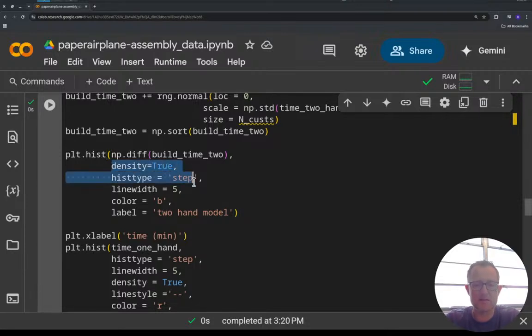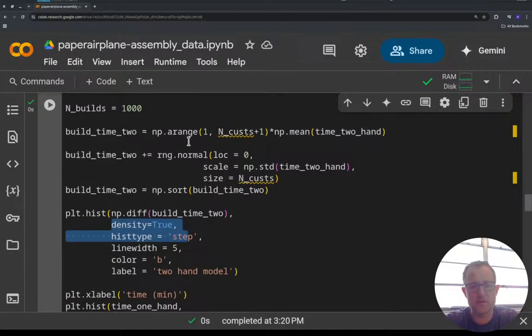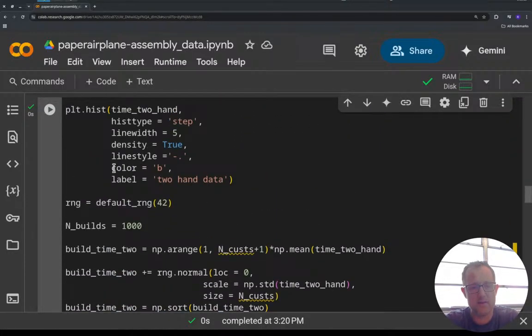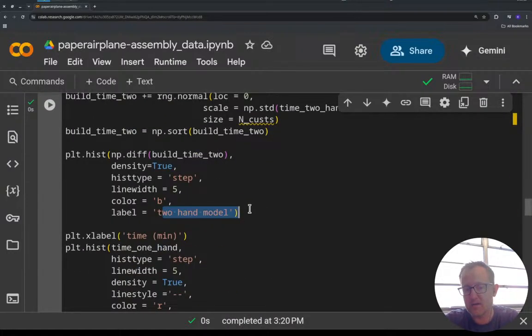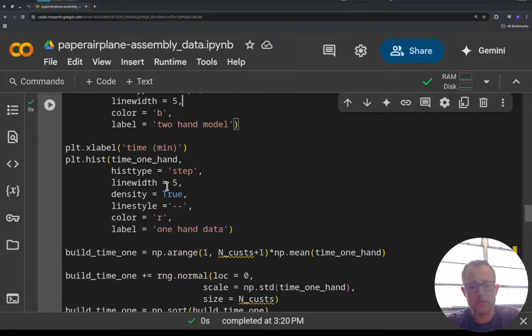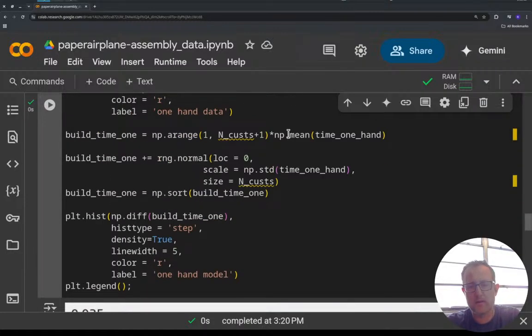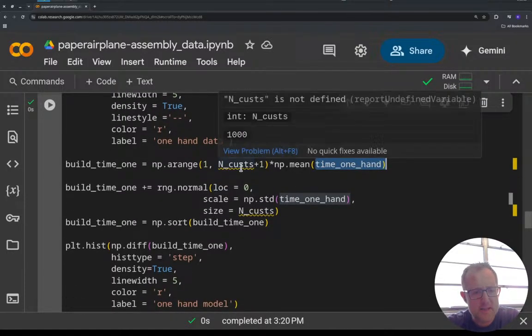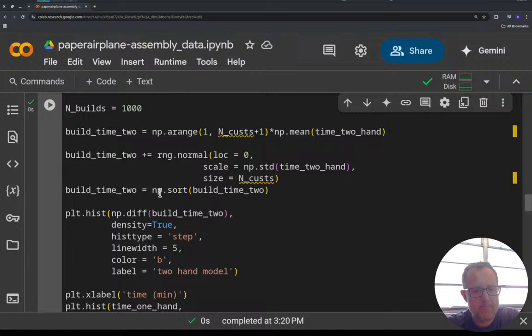And this is just some stuff for the density plot, it scales it so we can put them on the same scale as the data. And then increase the line width, make it colored blue so it matches the same color as our data. So we're plotting the 2-hand data and the 2-hand model. And then going through and doing the same thing for the number 1. So here I have the mean times the number of, this should say number of builds, right?